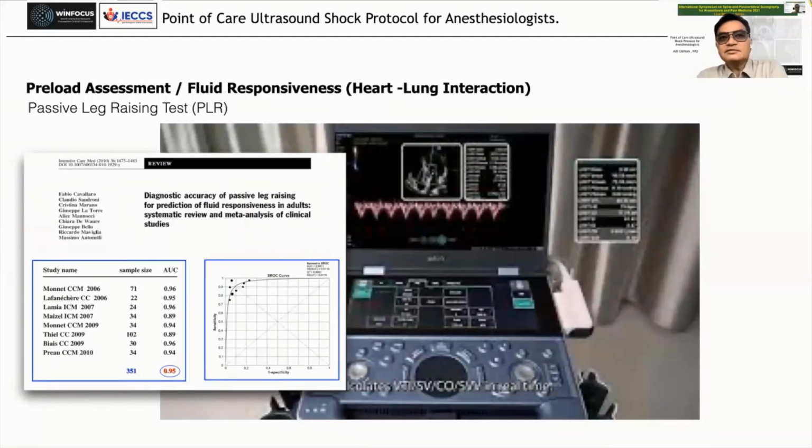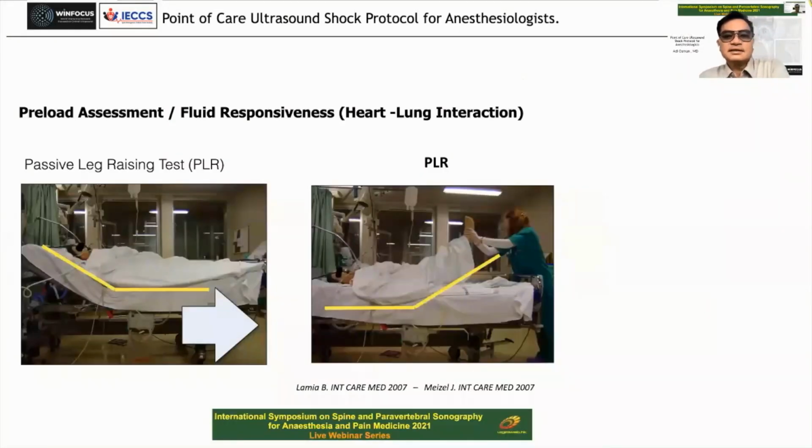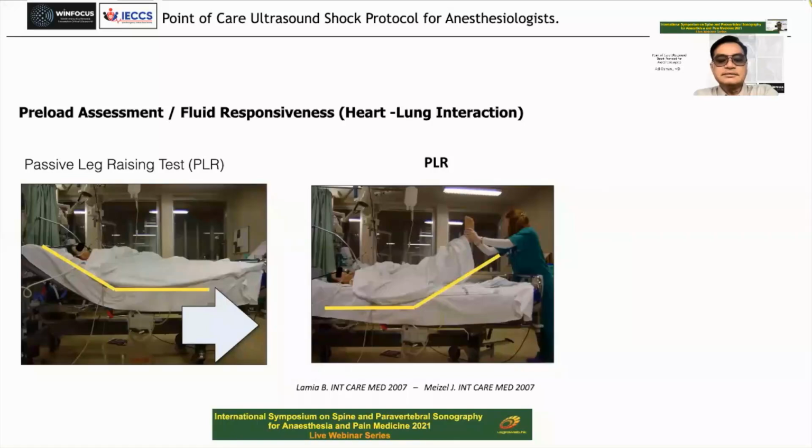test. In fact, there are not many tests in medicine that achieve a sensitivity and specificity that is almost perfect. It's almost 100%, which is the PLR, passive leg raising test. The fundamental basis in physiology for passive leg raising is quite simple.